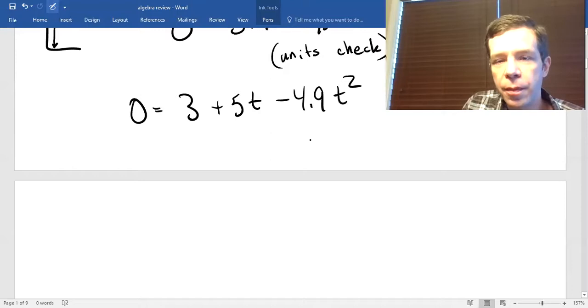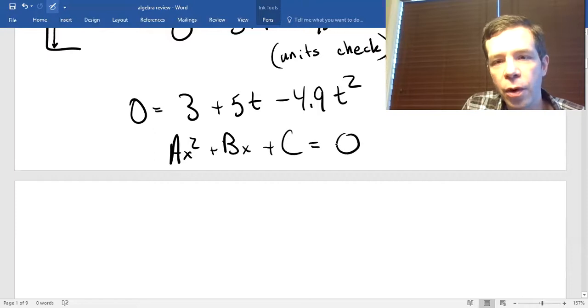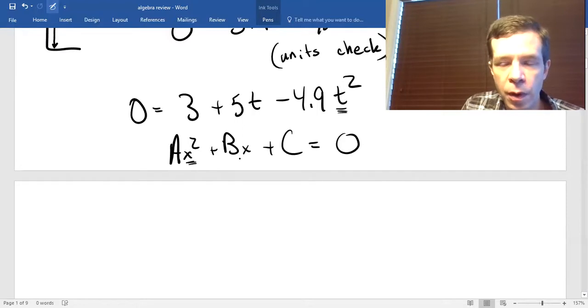The thing to remember with the quadratic formula, the way we wrote it was, I'll just write it again, ax squared plus bx plus c equals 0. Your quadratic term, your degree 2 term, is the a. Your degree 1 term or linear term is the b.